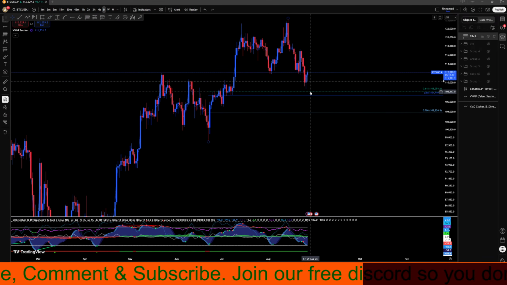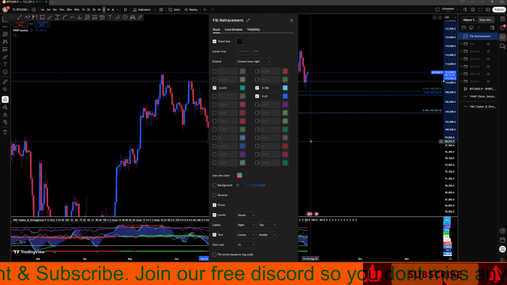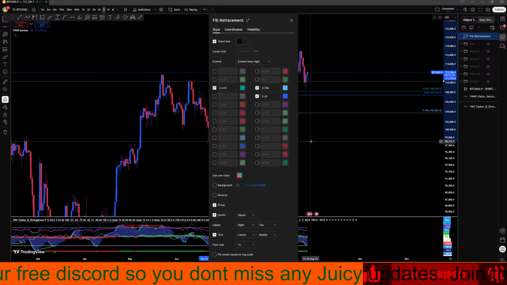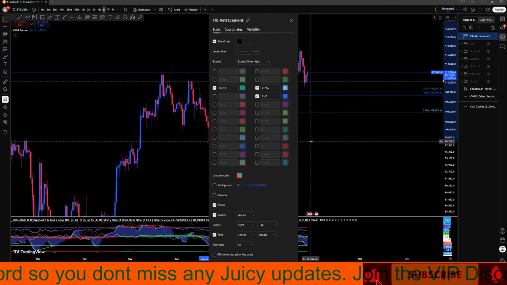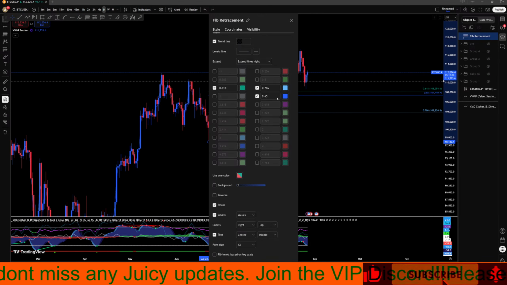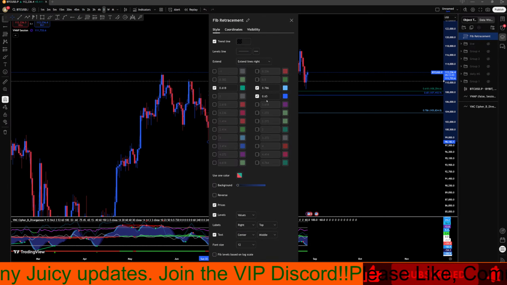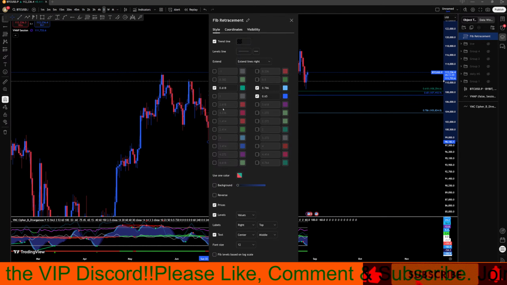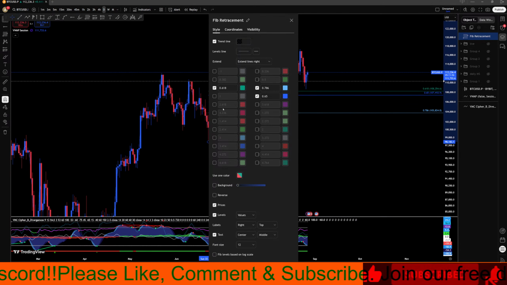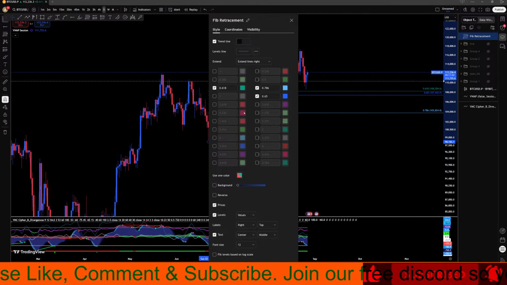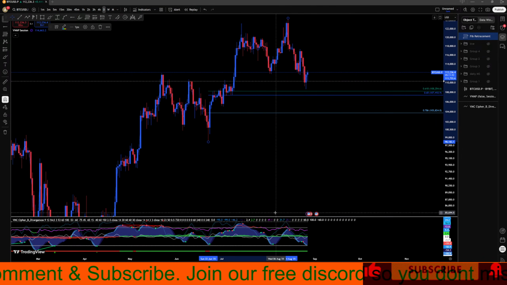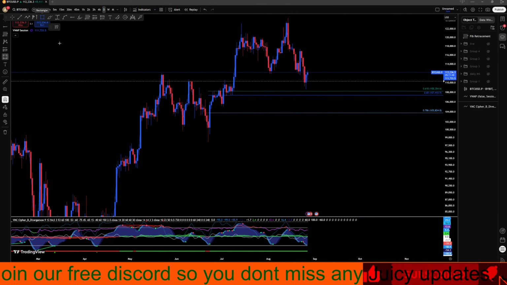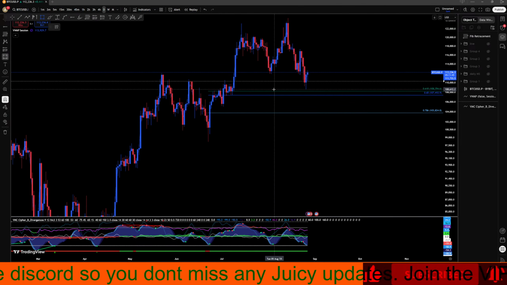On the fib, there are some levels to look at, and we have a few that we use. So it's basically 3 levels: the 0.786, the 0.65, and the 0.618. The 0.618 and the 0.65 is what you would classify as your golden pocket area.